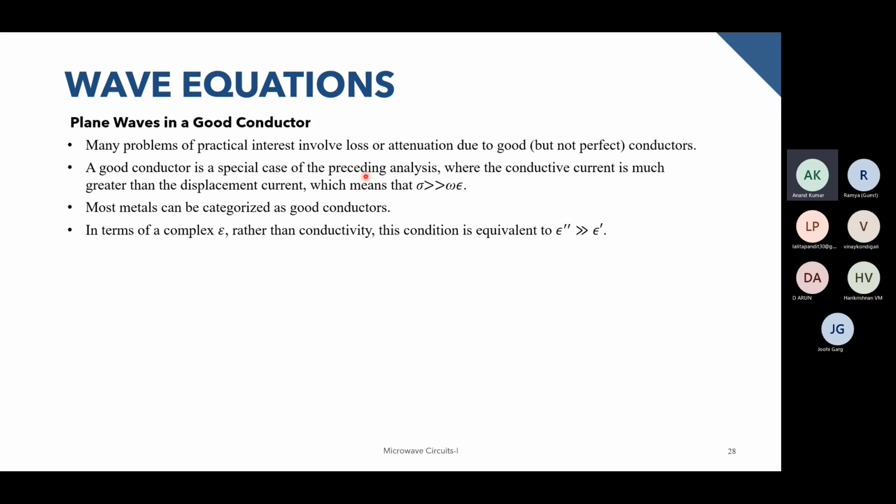Many of our practical issues involve loss or attenuation due to good but not perfect conductors. So sigma is finite in this case, and a very good approximation for a good conductor is where you have sigma much greater than omega epsilon, but again not infinite.